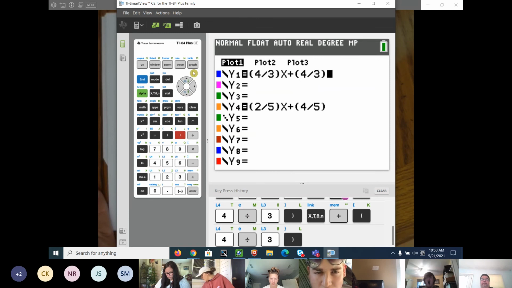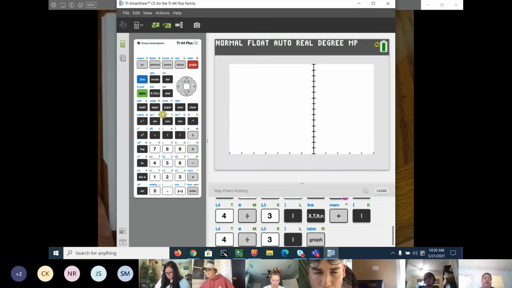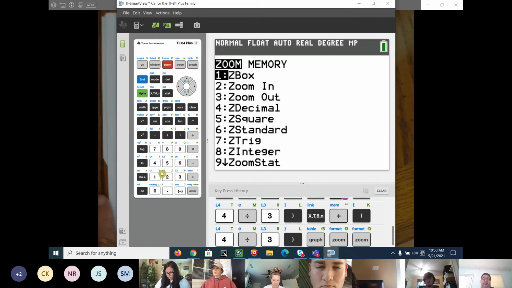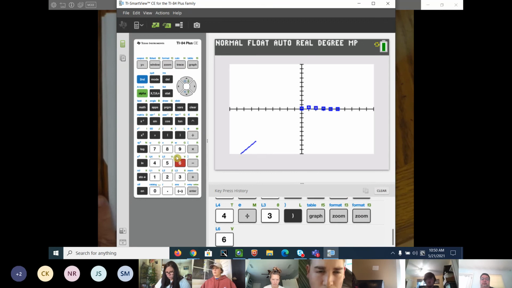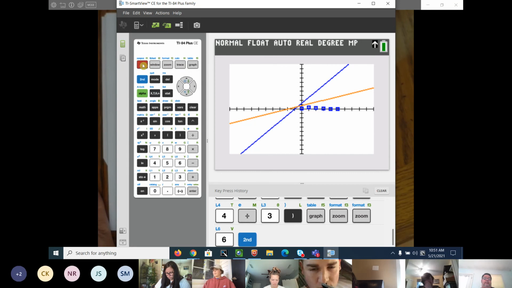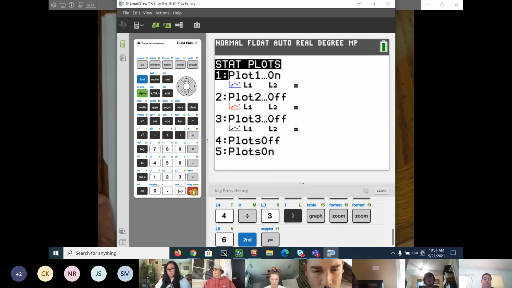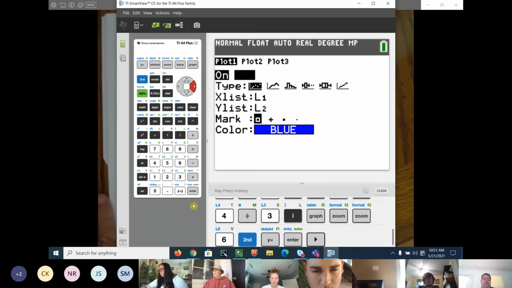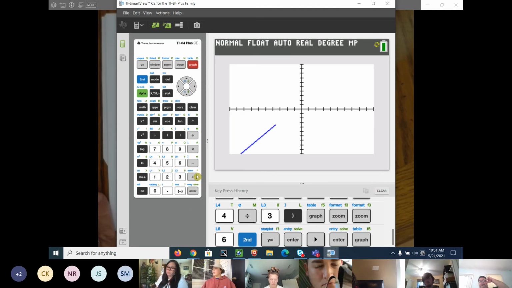And graph. And zoom standard, which is ZStandard 6. And let me turn off my stat plot. There we go.